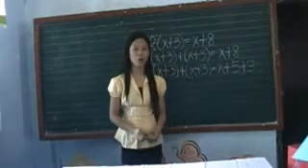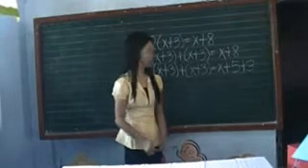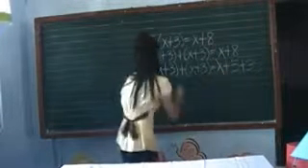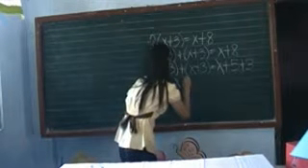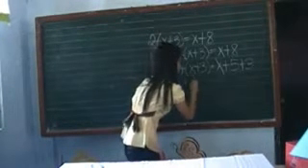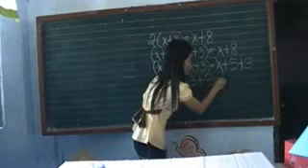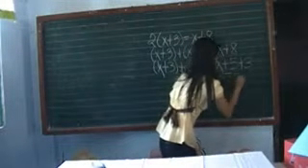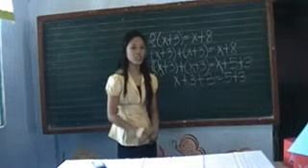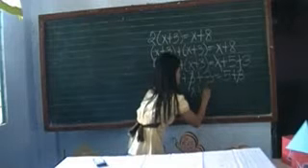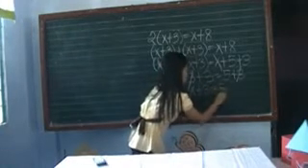By subtracting 1x on each side of the equation, we will be left with 1x plus 3 plus 3 is equal to 5 plus 3. By subtracting a common constant on each side, we will be left with x plus 3 is equal to 5.